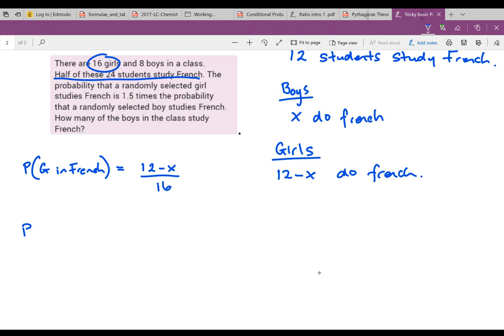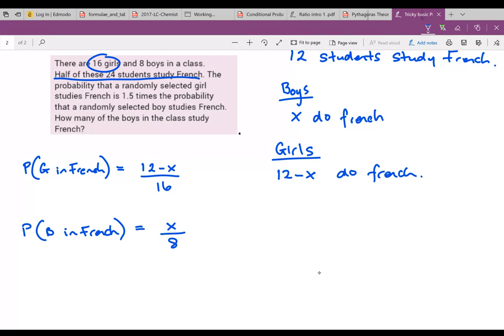And the probability that a boy is in French: there are 8 boys in total, and I have x in the French class. So x out of a total of 8. If I choose any boy, there is an x in 8 chance. Now I come to this bit here.